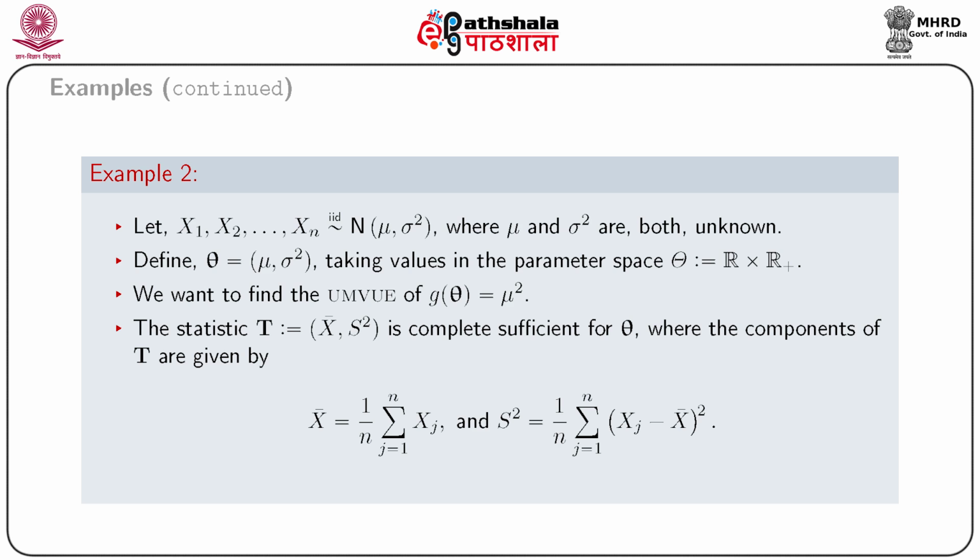Now capital T equals (X bar, S square) is the complete sufficient statistic for theta, where X bar equals 1 by n into summation over i from 1 to n of Xi and S square equals 1 by n minus 1 into summation over i from 1 to n of (Xi minus X bar) whole square.